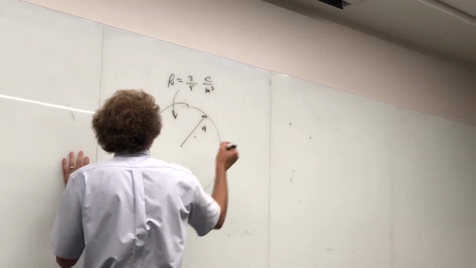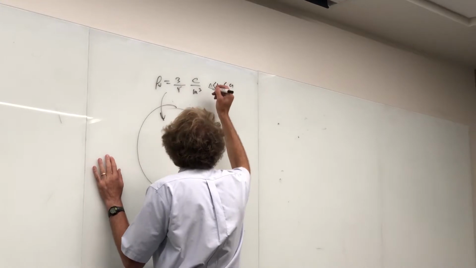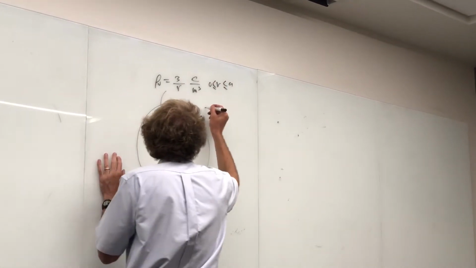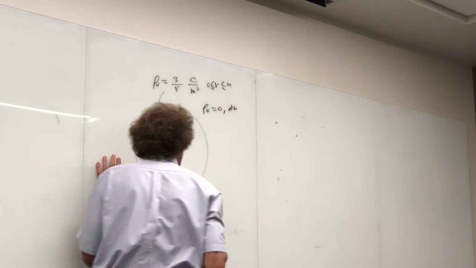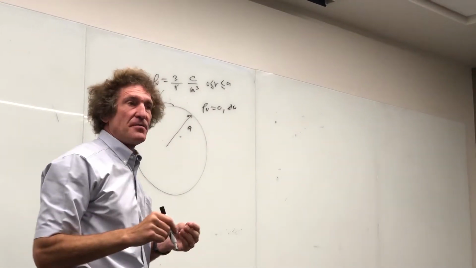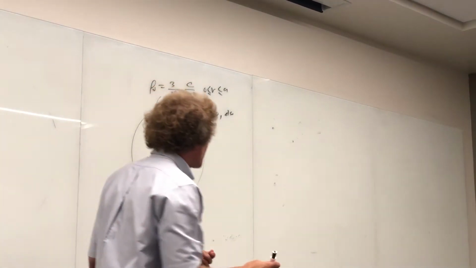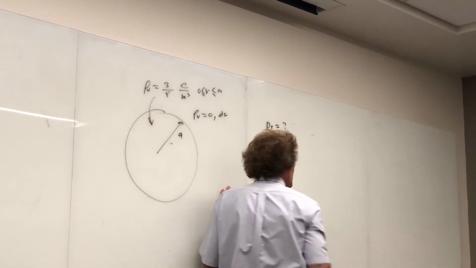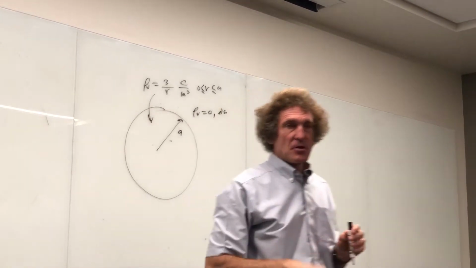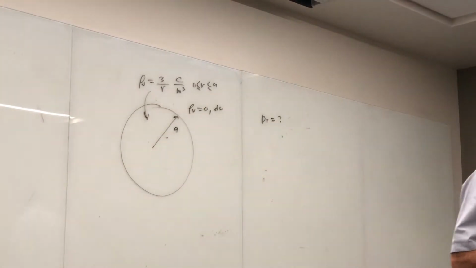This would be for R less than or equal to A, greater than or equal to 0. And rho V is 0 else. I want you to plot the D field versus position. So I'm looking for D of R first, and then I want to know what it looks like versus position. How would you go about doing this? Please just comment. I'm looking for interaction.